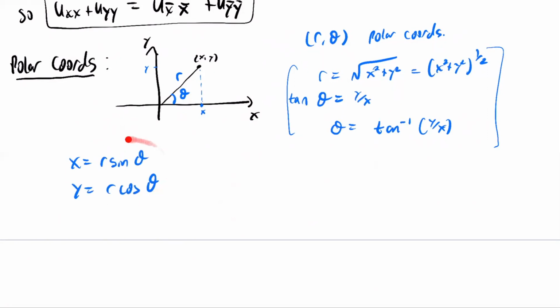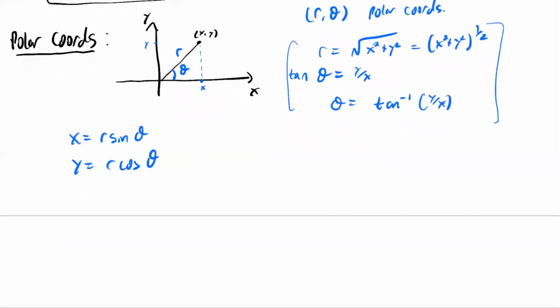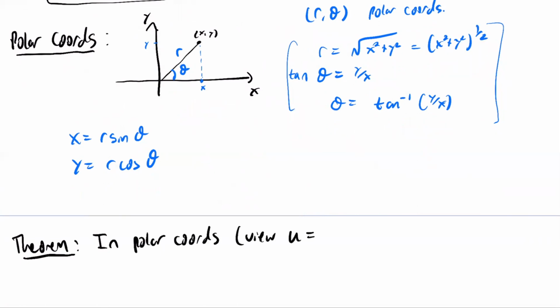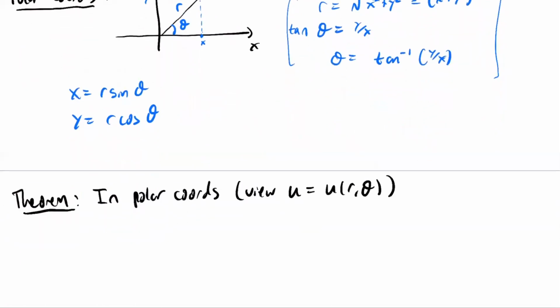And so if you use these new coordinates, again, the question is what happens to the Laplacian? So let me just write this as a theorem. So in polar coordinates, right? What I'm going to do is view u as a function of r and theta rather than a function of x and y.